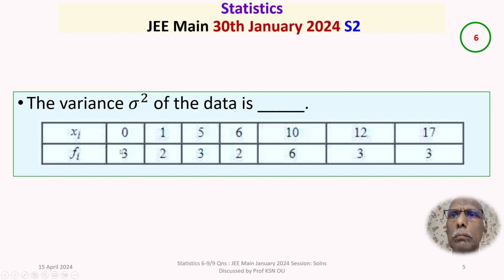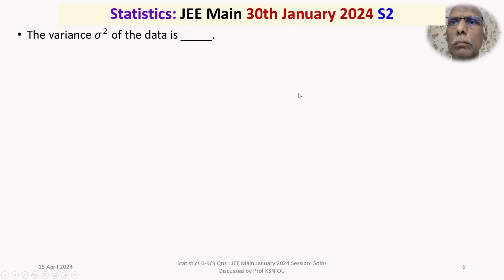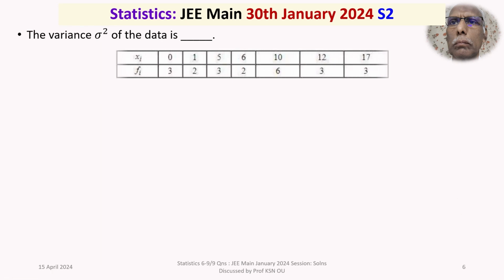So this is the table that is given. From this data, you have to compute the variance sigma square. That is the given question to us.